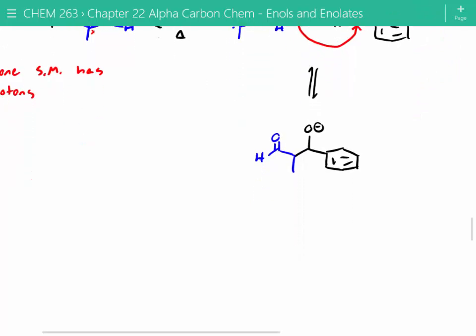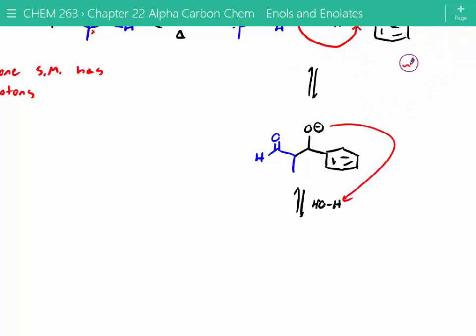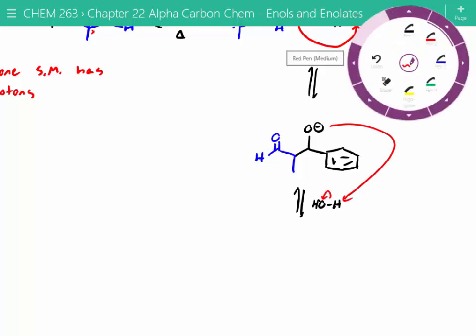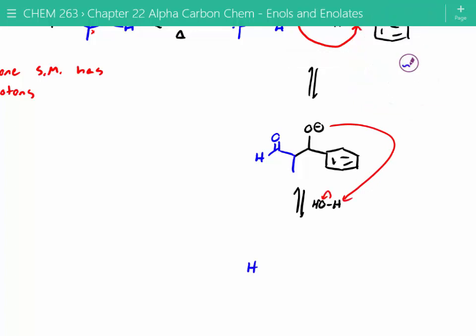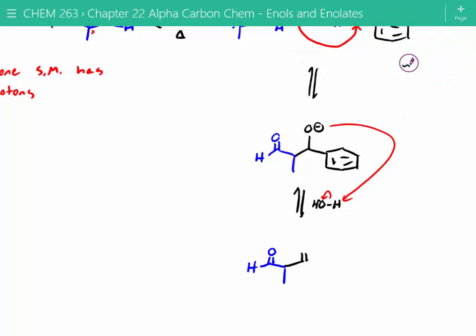And then what's our next step? I kind of skipped it before. Protonate. Oh, shoot, that should be an alcohol. All right, so now we've got our beta hydroxyaldehyde.